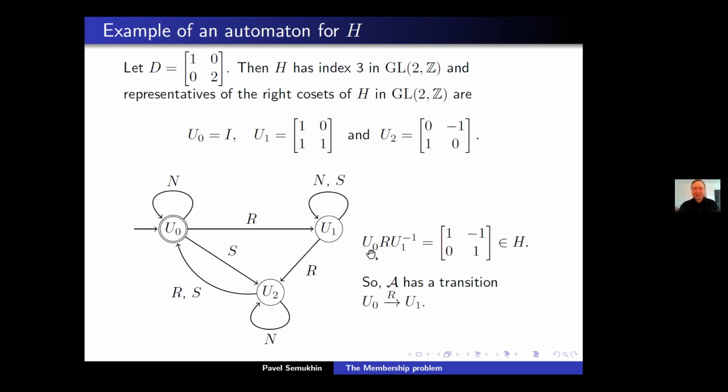We can compute that U0 times R times U1 inverse is equal to this matrix here, where this bottom left entry is even, so it belongs to H. It means that by definition, we have a transition from U0 to U1 with label R. And you can check in a similar way that all other transitions look like this, like in this picture.